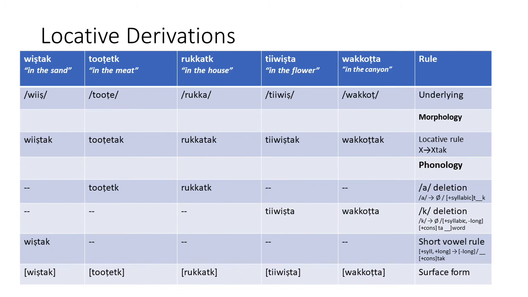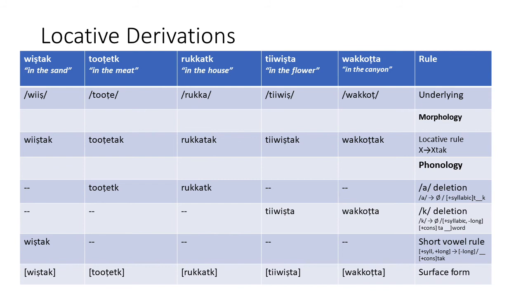Next, if we look at K deletion, it says K is deleted if there is a short vowel followed by a consonant, and then there's ta, and it's at the end of the word. Now, you might be tempted to apply this rule, but it says there has to be a ta.